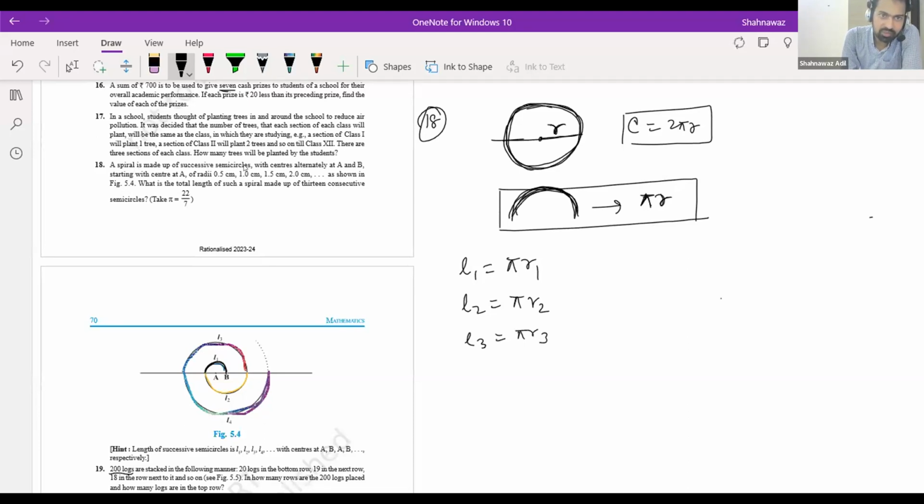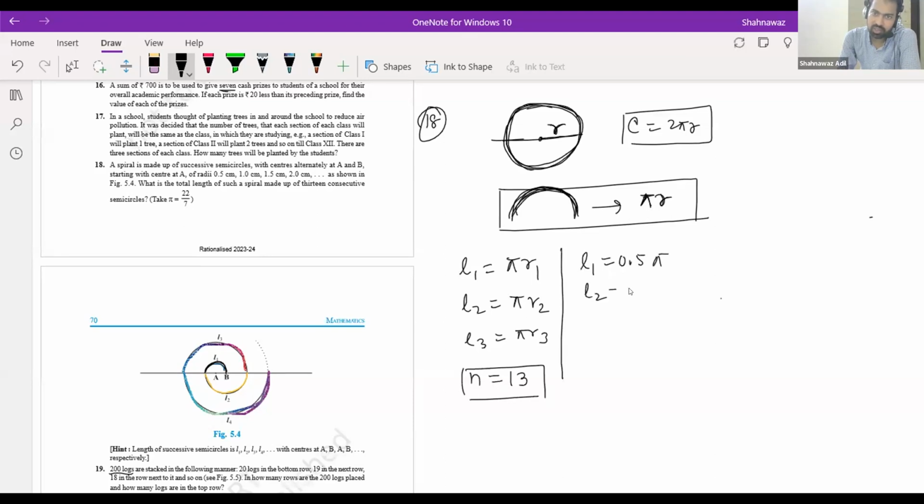So our spiral is made up of semicircles, let's say A, B, E, and so on. What is the total length of such a spiral made up of 13 consecutive semicircles? So N is given, which is 13, right? And R1 is 0.5, so L1 is 0.5 pi.